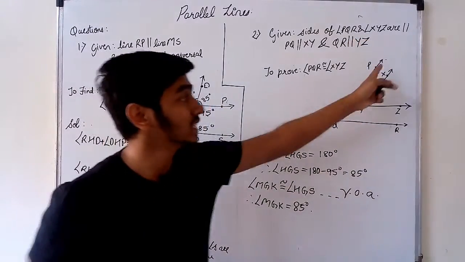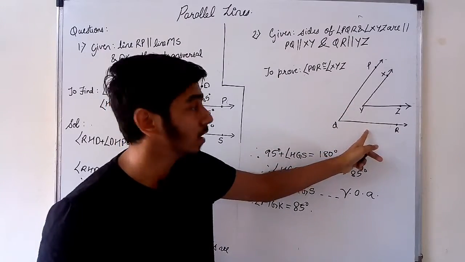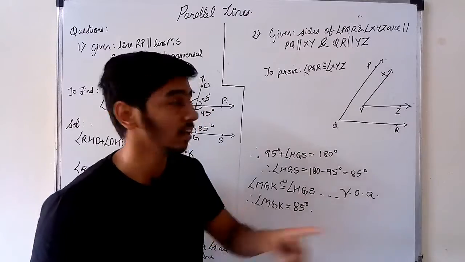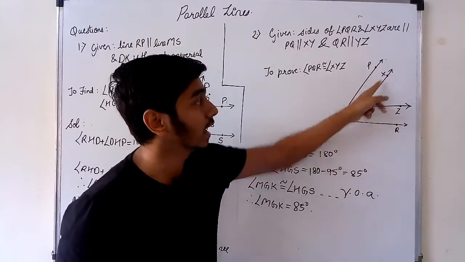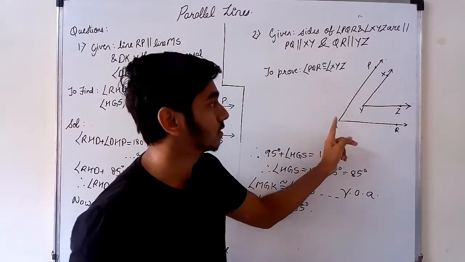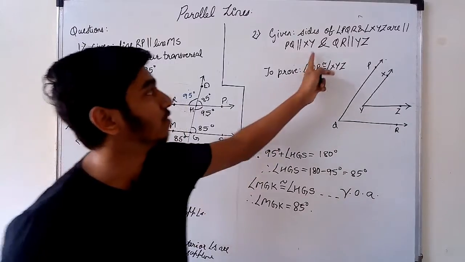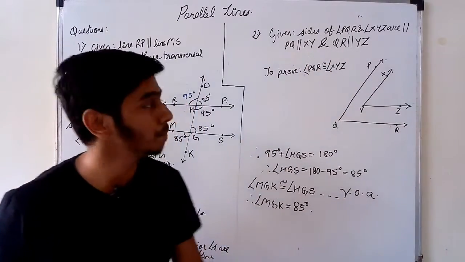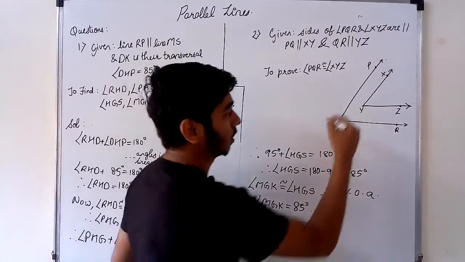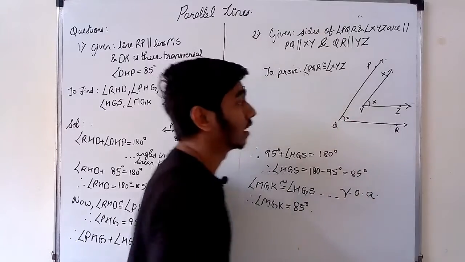Why? Because the sides of the angles, so there are two sides of each angle. Of angle PQR, side PQ and QR are the two sides. Then for angle XYZ, XY and YZ are the two sides, and the two sides are parallel of both the angles. Therefore, this can be written. And we have to prove that angle PQR and this angle are congruent.